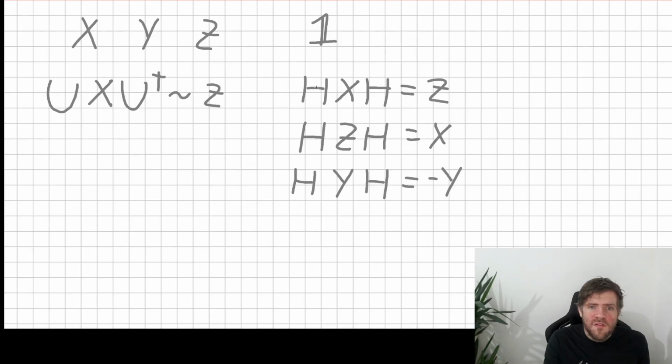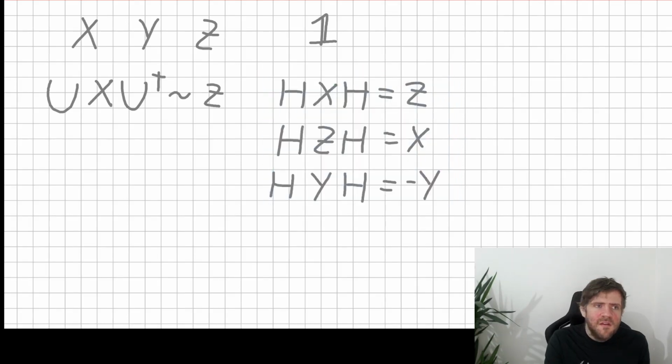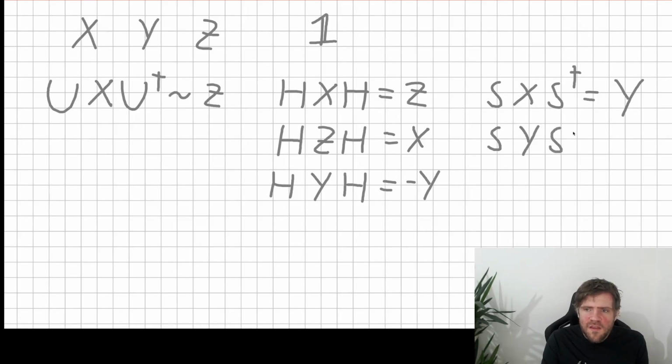So another example of a Clifford gate is S. So if we do S, X, S dagger, then unless I've got my conventions mixed up, we get Y. If we do S, Y, S dagger, we get minus X, I think. I'm never very good with where minuses are.